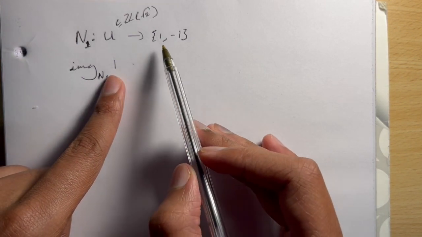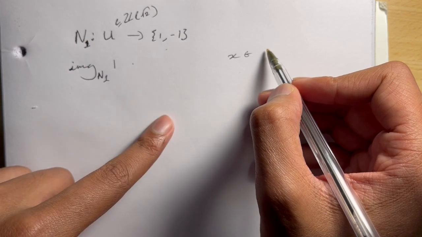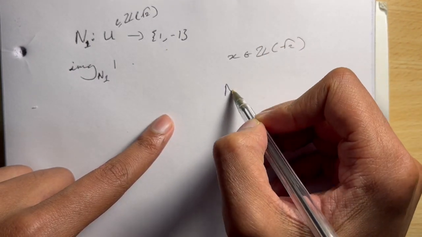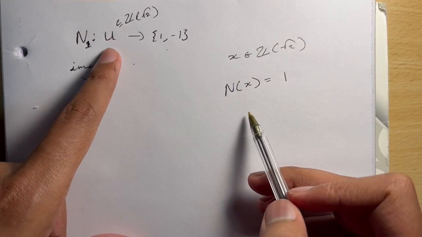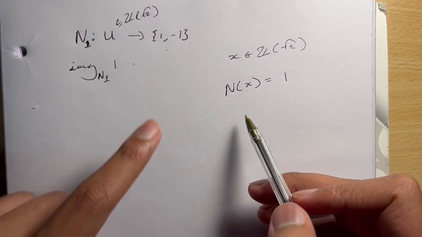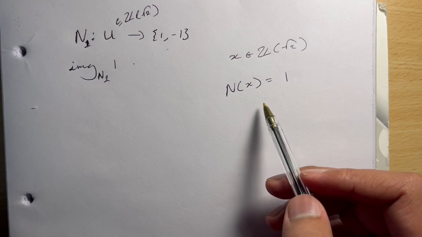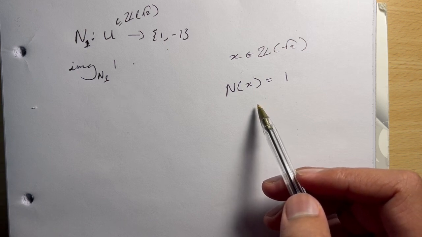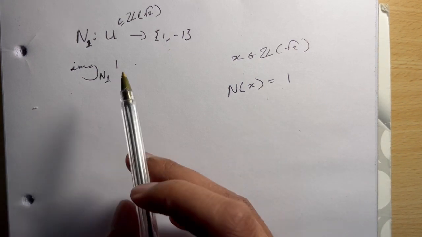So if some element x of Z adjoin root 2 has norm of x equal to 1, is it the case that it is a unit? Maybe it is, but it's not clear. Might need proof.